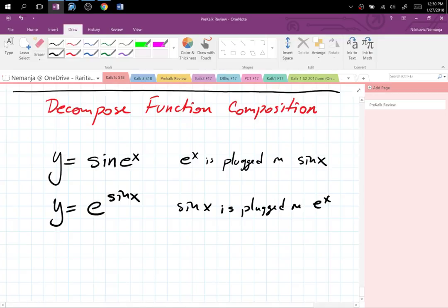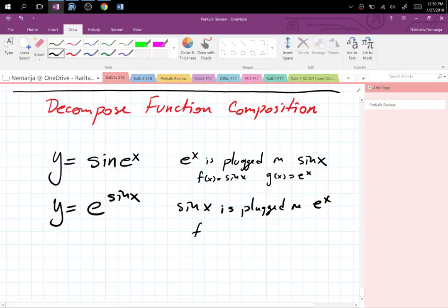So decomposing here is trying to figure out what is the overall outline of the whole thing and what is the smaller function that it's plugged in. So on the outer side we have sine x for the first one. So I would call that f of x, which is sine x, and then g of x is e to the x, which is plugged in.